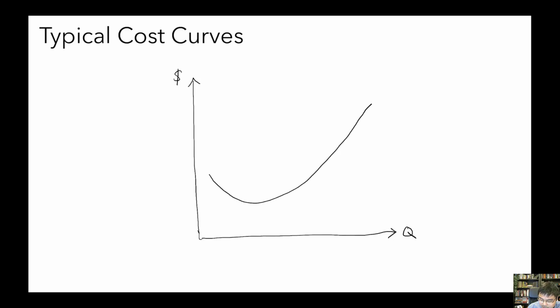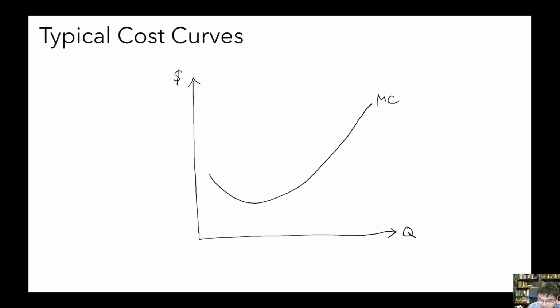So the cost curves for a typical kind of firm are going to look something like this. All right, so let's draw our axis first. And when we draw cost curves, we're going to put quantity produced on the x-axis, and we're going to put cost in dollar terms on the y-axis. All right, and we're typically going to be drawing 3 curves.